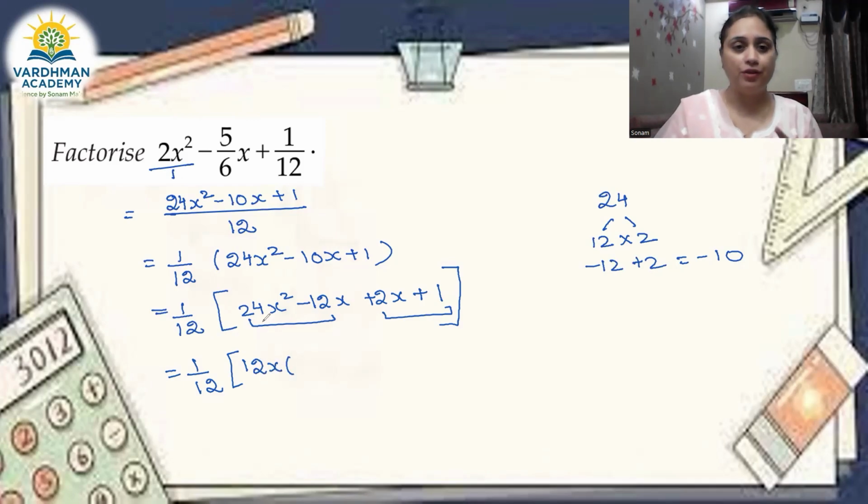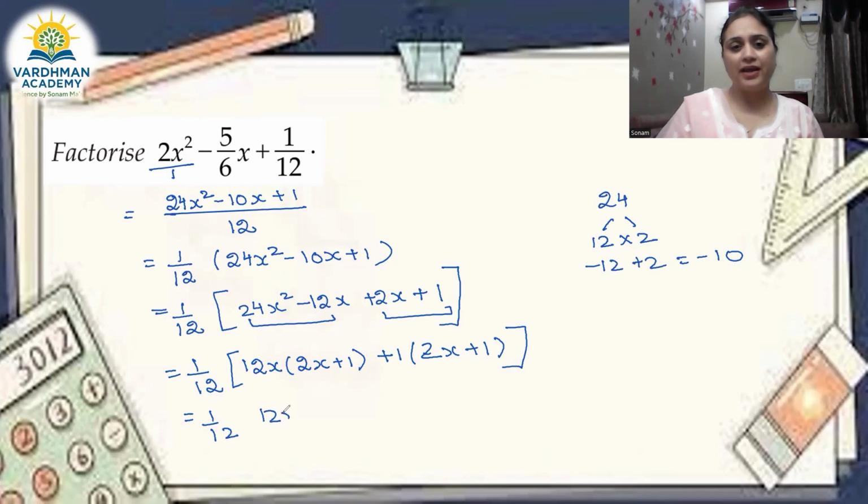What are you left with? You are left with 2x plus 1. And from the second grouping, you will take plus 1 common because nothing else can be taken out. So 2x plus 1, bracket close. So 1/12 is here, 12x plus 1, and we have 2x plus 1 as the factor. Right, children? So this kind of question can easily be done.